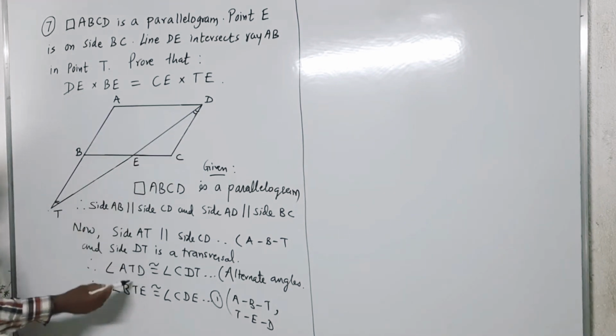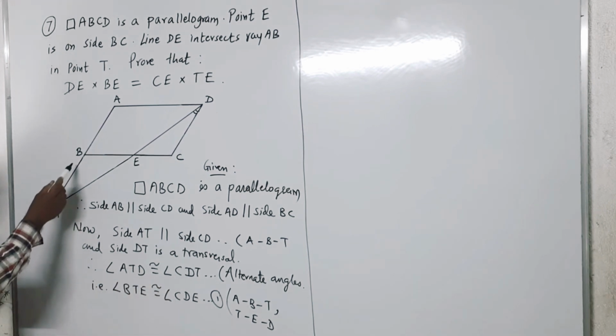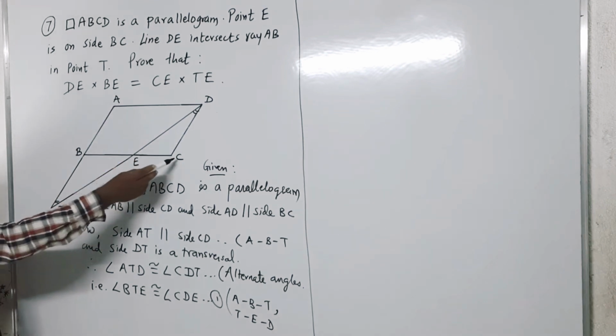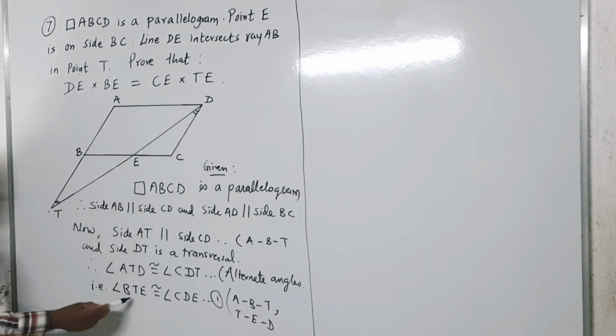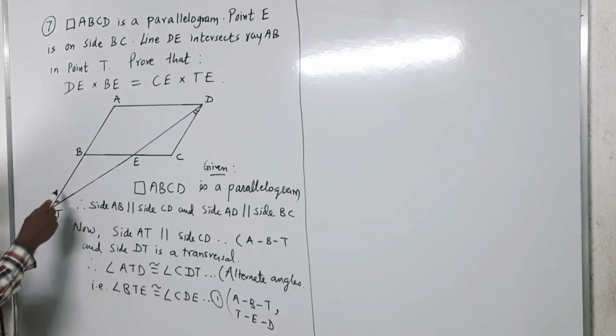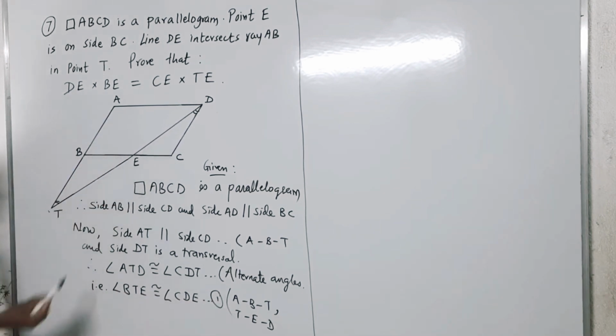Alternate angles are congruent, that is, angle BTE is congruent to angle CDE. Statement number 1, that is A-B-T and T-E-D.